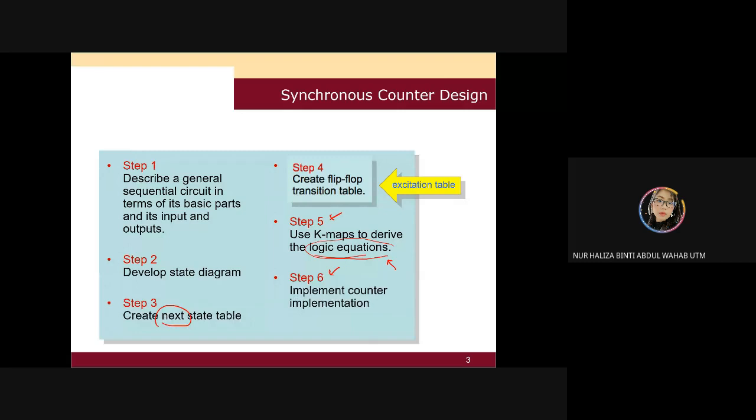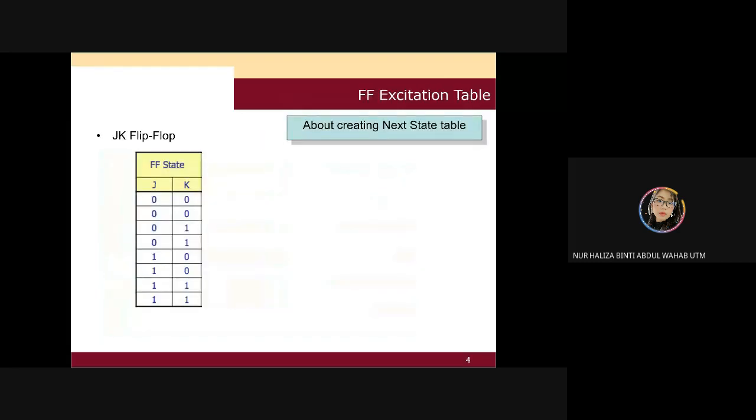Next state table. Okay, before this, if you still remember in your module 7, for your JK flip-flop, we tried to look at the previous Q. If previous Q is 0, what will happen to the present output of our Q?